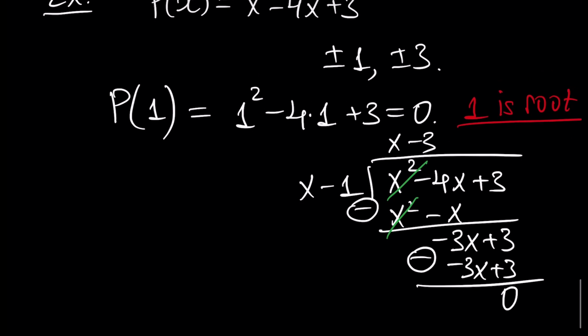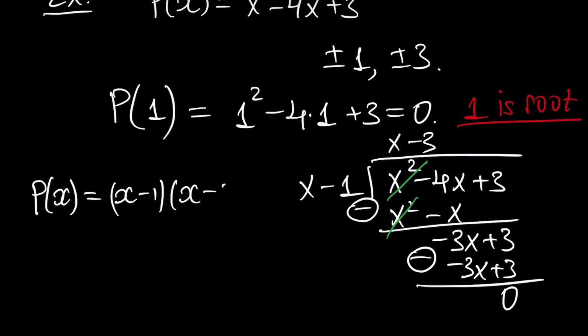So when we divided our polynomial by this binomial divisor, we had a quotient. In other words, our polynomial p of x is equal to x minus 1 times x minus 3 plus a remainder which is equal to 0.